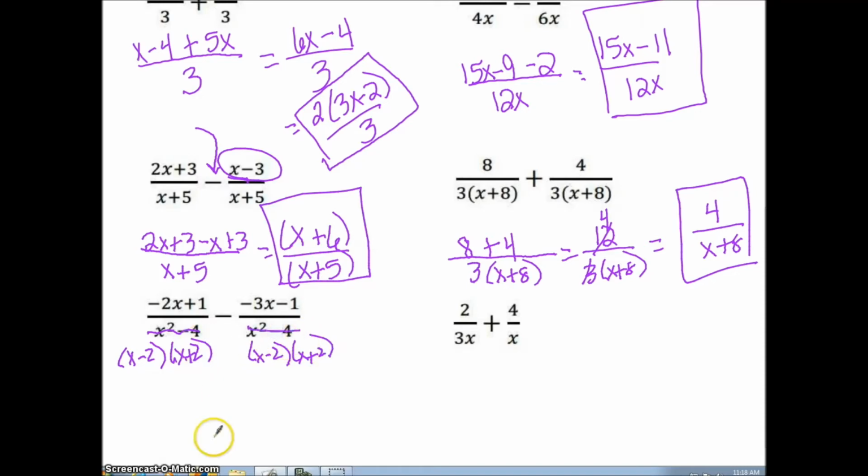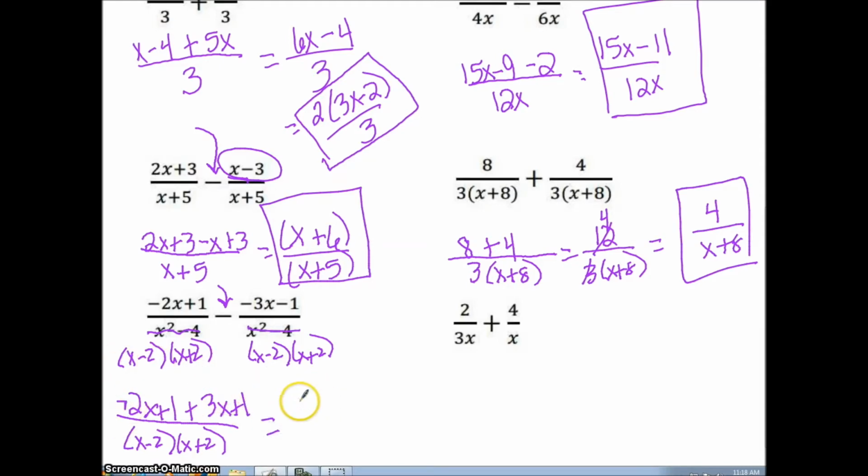As long as your denominators are the same, that will be the common denominator, x minus 2 and x plus 2. Nothing different, so bring down your negative 2x plus 1. Nothing different, but it is subtraction, so change these signs and it becomes plus 3x plus 1.